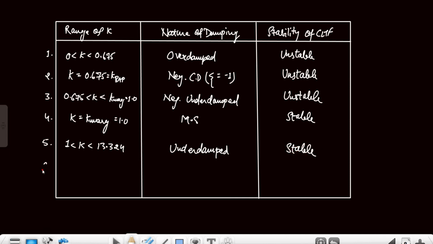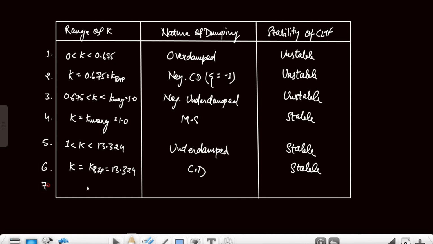Now at this break-in point, again the roots are meeting here, so at k equal to 13.324, it is representing a critically damped system, which is also a stable system.